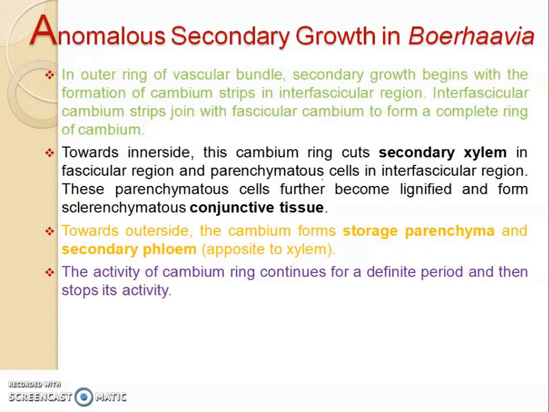Now, anomalous secondary growth in Borrelia stem. With the initiation of secondary growth in Borrelia, in the outer ring of vascular bundle, secondary growth begins with the formation of cambium strip in the interfascicular region.